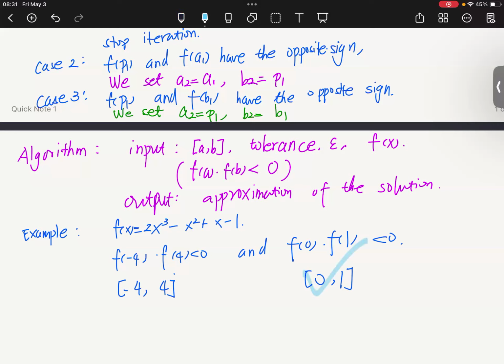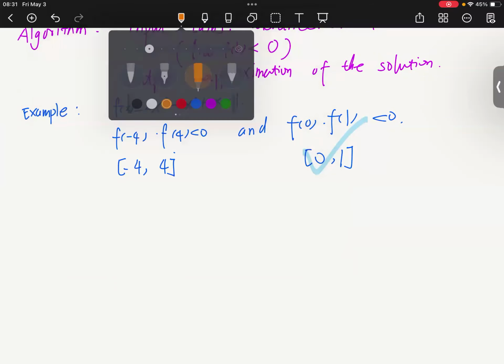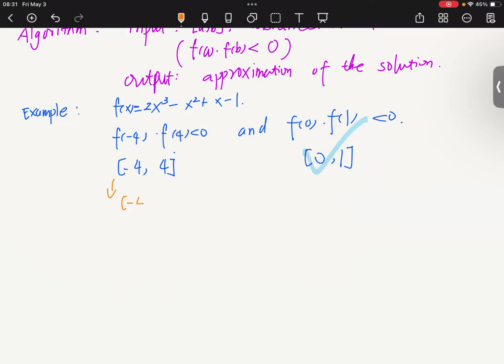Any question here? Because if you take a look, if you want to do the bisection process here, it would probably go to -4 and 4, and then do the bisection. It probably goes to 0 and 4, and then to another interval, 0 to 2, and then it goes to 0 to 1.